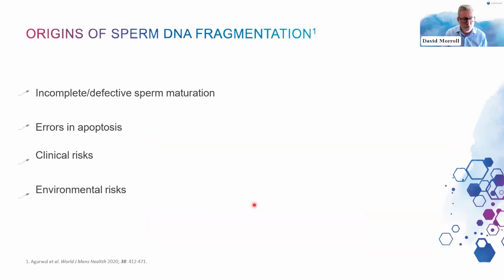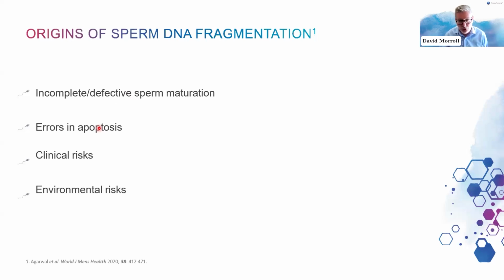Now, DNA fragmentation can come from a number of different sources. It can be due to testicular factors where there's incomplete or defective sperm maturation, and there can be errors in apoptosis, so abortive apoptosis during spermatogenesis.